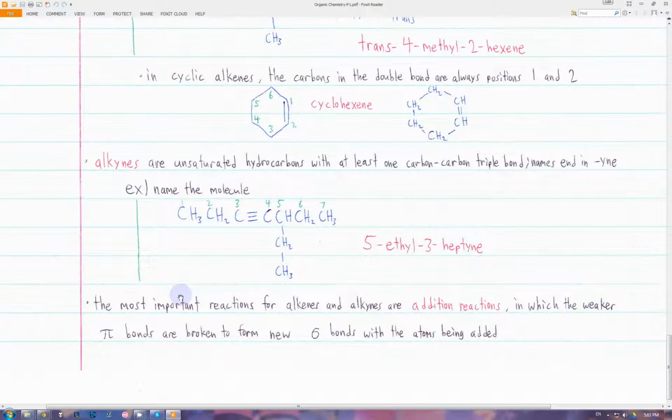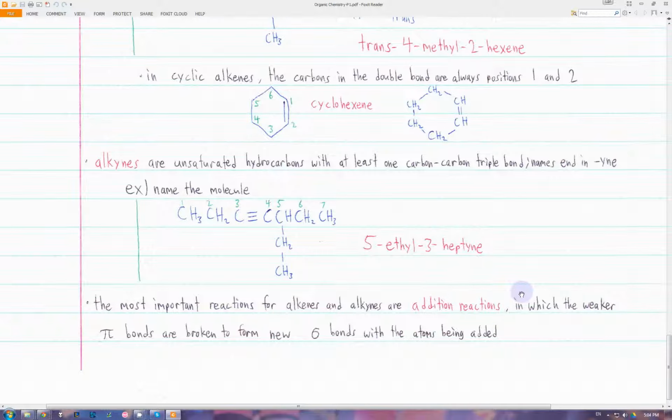So remember, for alkanes, a lot of their reactions were substitution reactions, in which one of the hydrogens was replaced by another atom. While in alkenes and alkynes, the most important reactions are addition reactions.